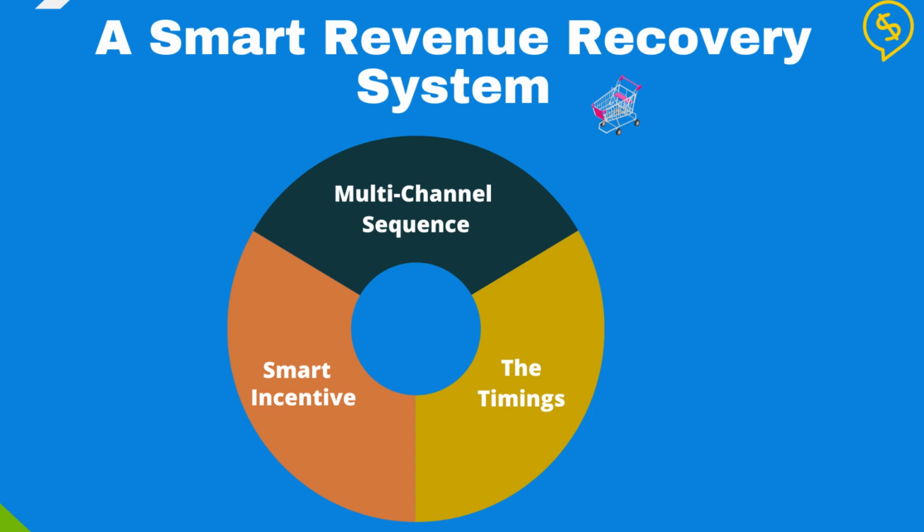And then you've got smart incentive, which means you are offering incentive on the basis of the cart value, on the basis of who the customer is who was trying to make the purchase. So this is your smart revenue recovery system. Now let's go behind the scenes into Autonomy and look at how you can implement this system so that you can add more dollars to your bottom line.